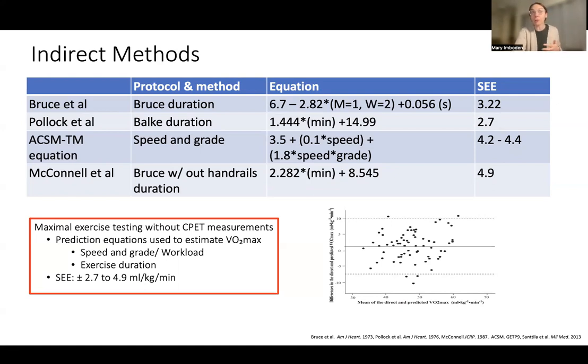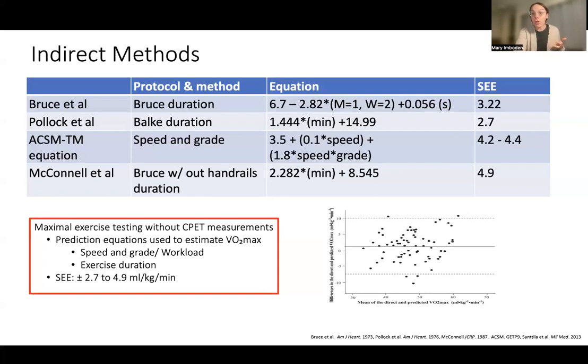But when we don't have those really expensive systems available to us, we can do a max exercise test and take them to their age predicted max heart rate or their reported max and use the information from that test, like speed and grade on a treadmill test or maximal wattage on a cycle test, to then predict VO2 max.